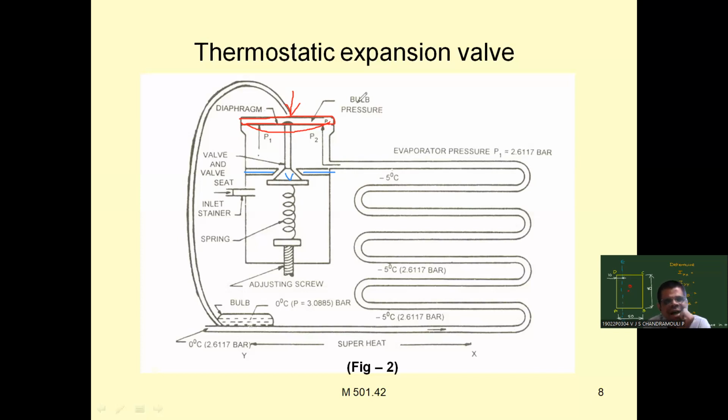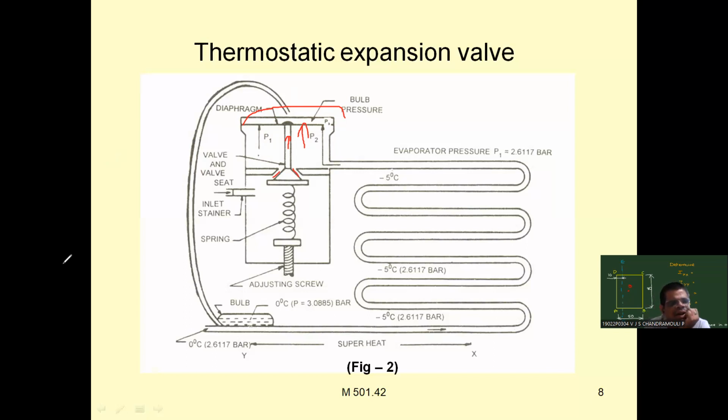But when the pressure acts upwards, it will bend like this, so that the valve also moves upwards and closes this opening. That's why the flow is restricted or stopped. This is how it operates.